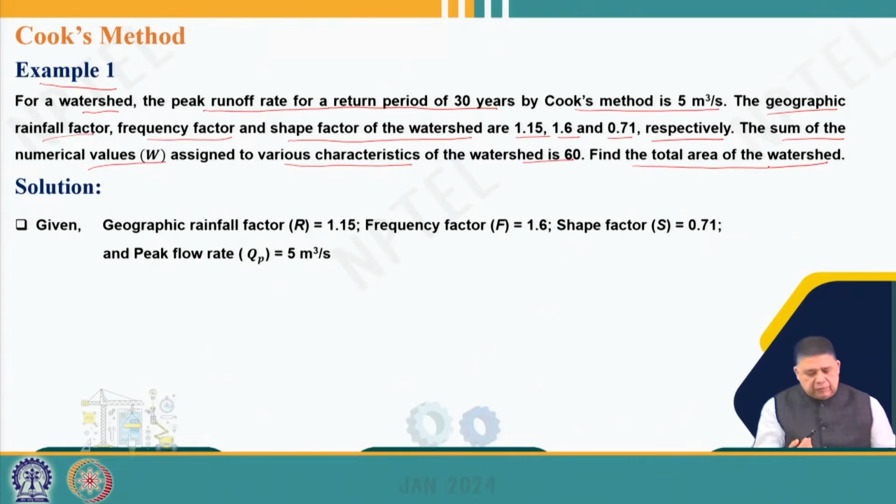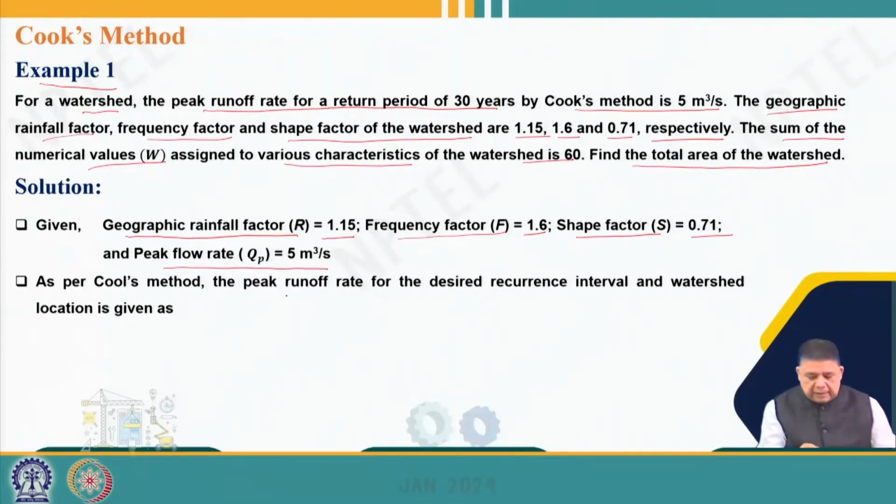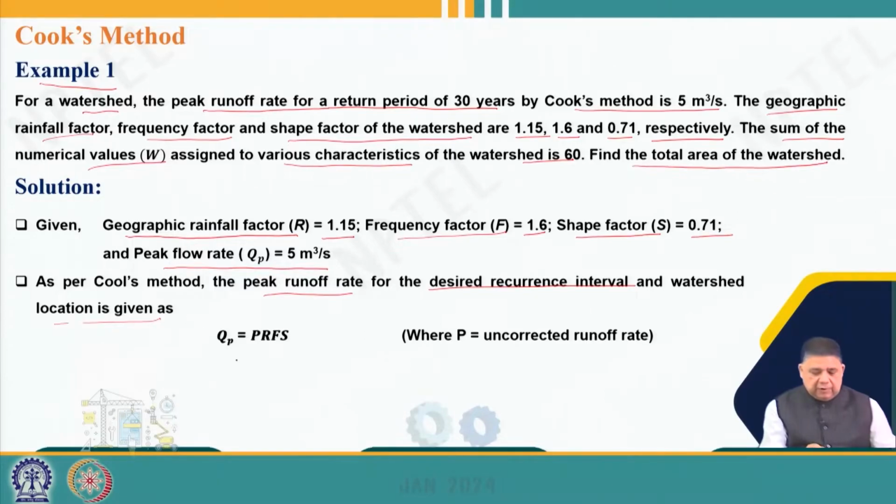Coming to the solution, the information provided to us is: geographical rainfall factor R is 1.15, frequency factor F is 1.6, shape factor S is 0.71 and peak flow rate is 5 cubic meter per second as per Cook's method. The peak runoff rate for the desired recurrence interval and watershed location is given by the formula QP equals PRFS, where R, F and S we have already seen, and P is the uncorrected runoff rate.